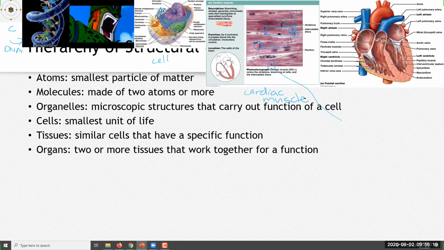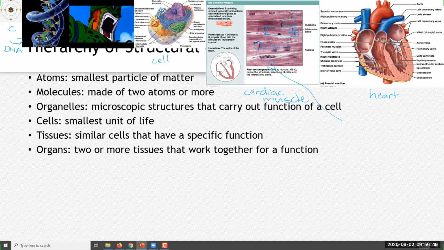And so we said that if you have all this cardiac muscle working together, you'll end up having this organ here, the heart. What if you talk about not only the heart, but other organs that work together with the heart, like the arteries, the veins, the capillaries, and things like that? Yeah, that would be the organ system.